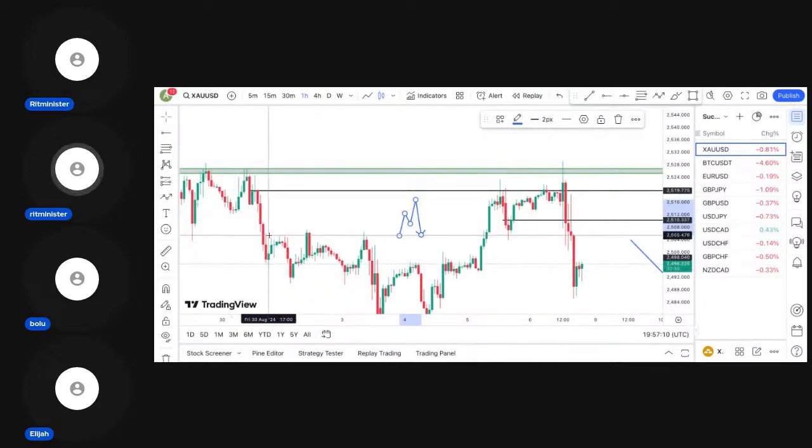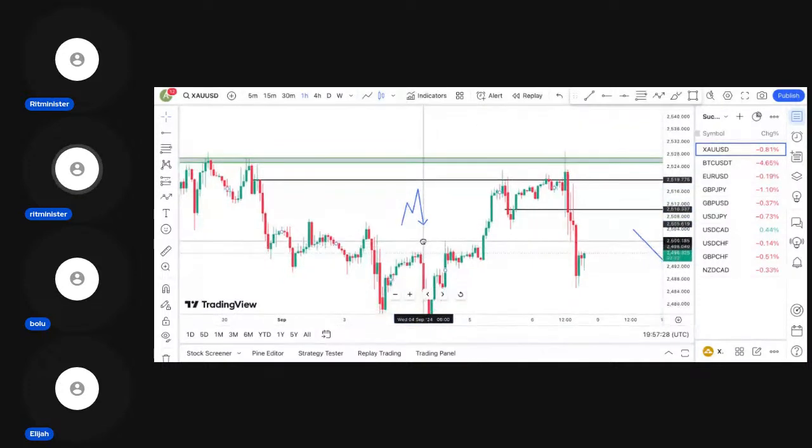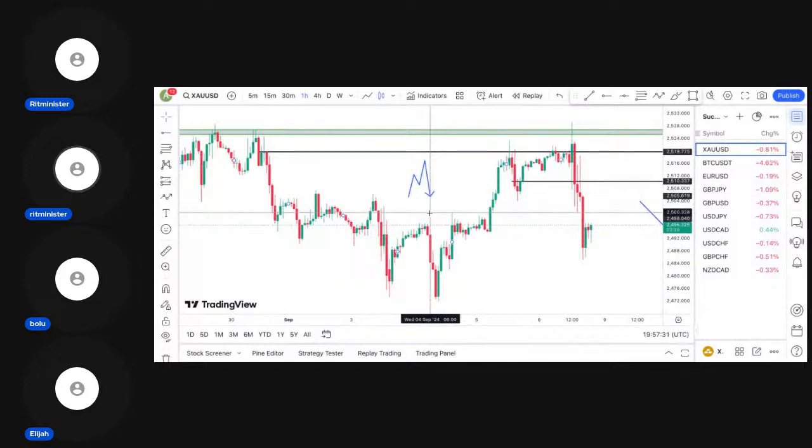Because of so many touches here, the price has already broken that level, that means it's coming to retest it. So that's what I did. Reaching that point, I moved out. I've already caught so many trades this week.